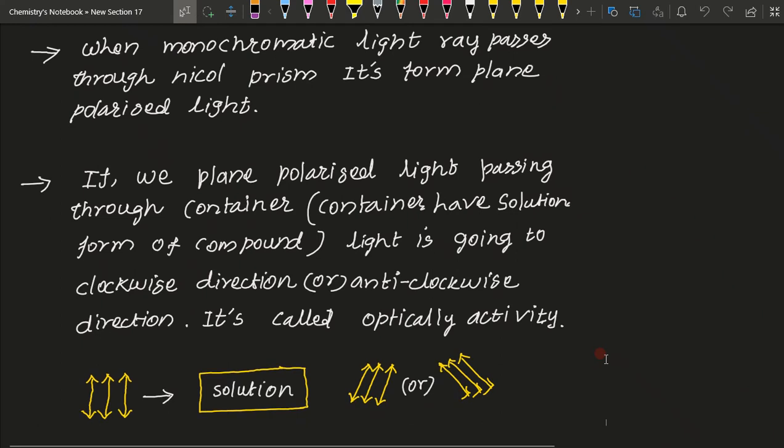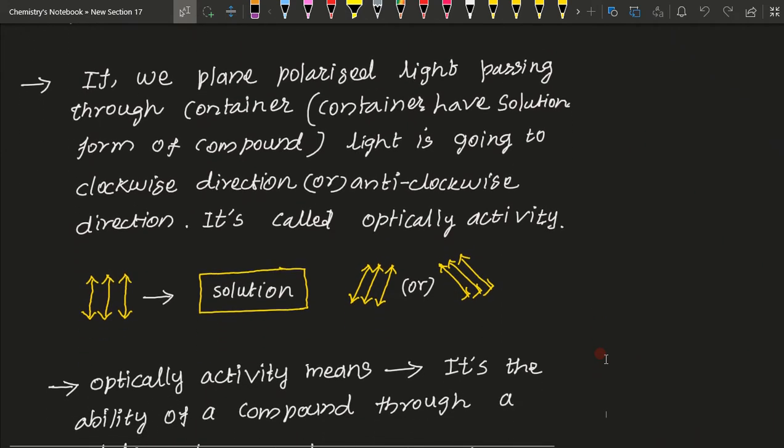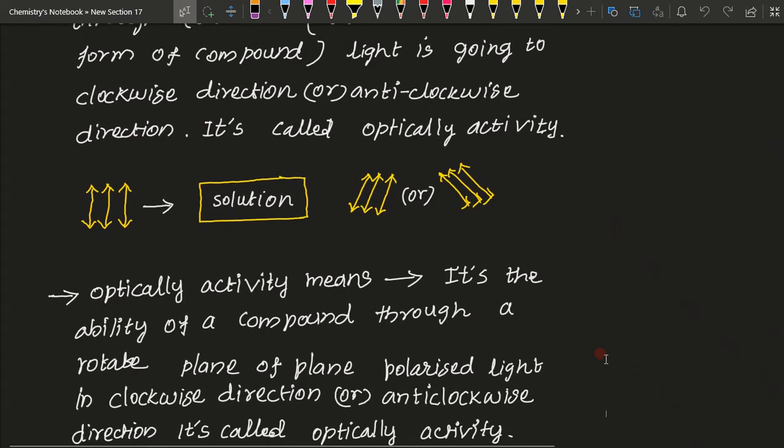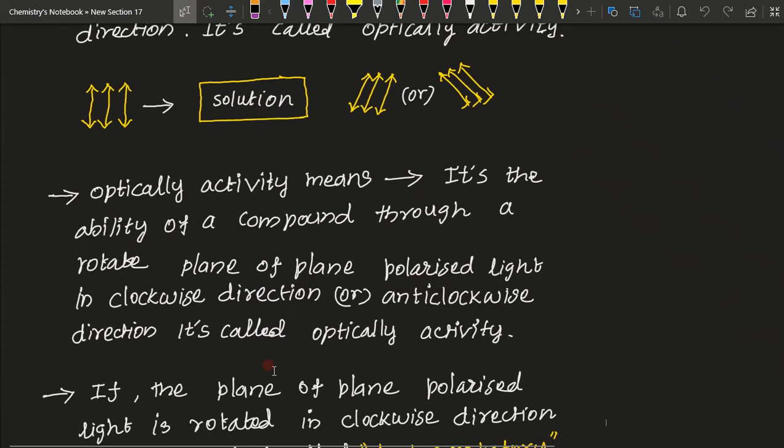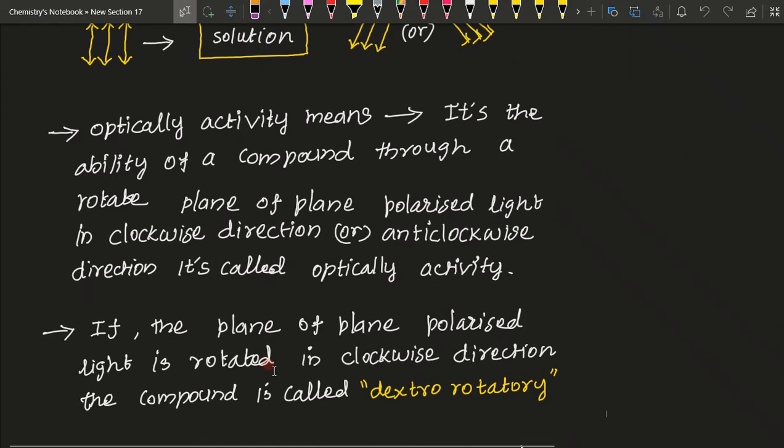It is called optical activity. This is the monochromatic light going to the solution. It gives clockwise or anti-clockwise polarized light. Optical activity means the ability of a compound to rotate the plane of polarized light in a clockwise or anti-clockwise direction.